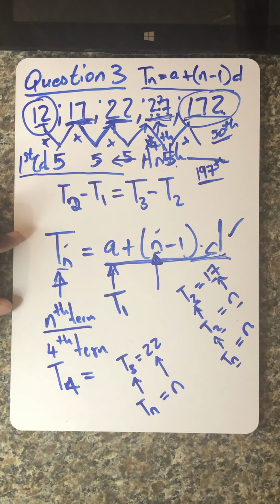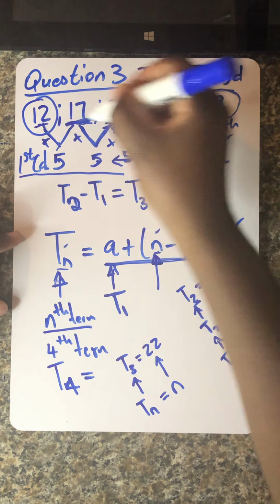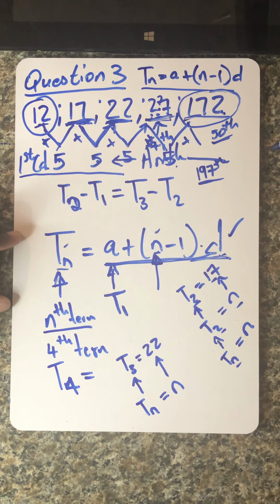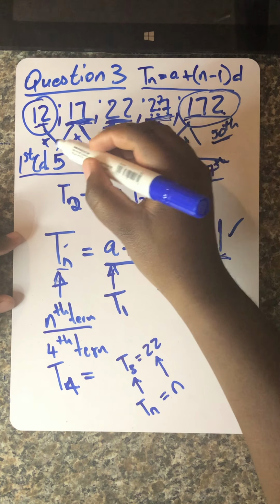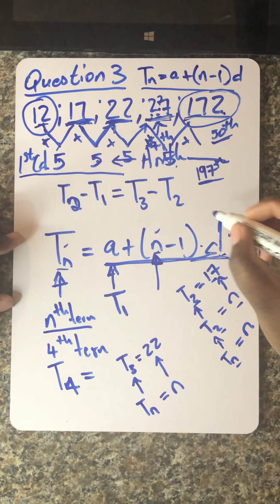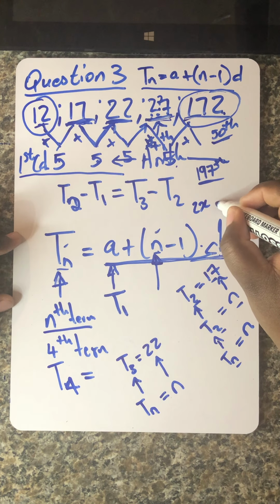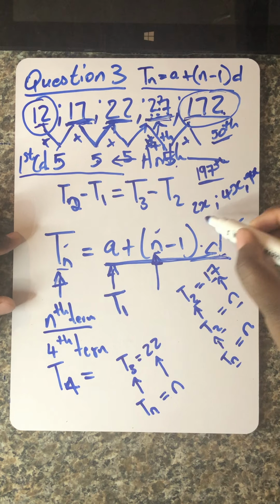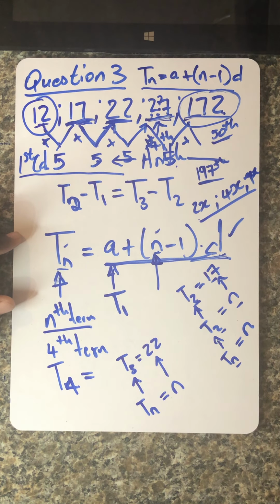Okay, and remember, guys, a pattern doesn't necessarily mean that it will always be positive numbers. And again, it doesn't necessarily mean that at all times it will be numbers. For example, you can have 2x, you can have 4x, you can have a 9x. Okay, I'm just giving you an example. You can find this, or you can be given this as a sequence or a pattern.